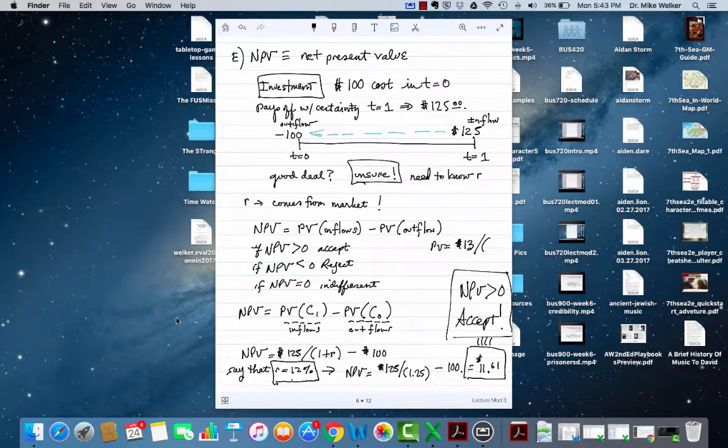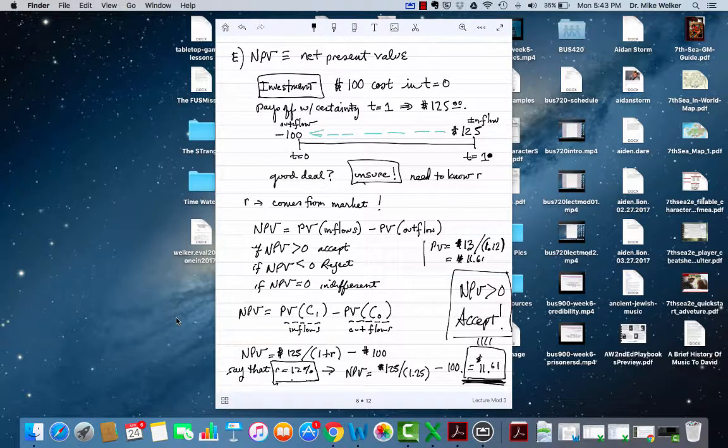So that was a difference that mattered in time period 1, up here. So I've got to divide by 1 plus the discount rate, which was the market rate of interest of 12%. And that's 11.61, which is what we found here.